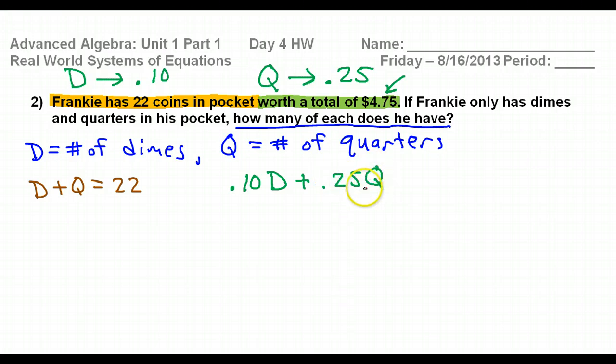All right, the number of quarters times 25 cents should be the total amount of dollars that are going to come from the quarters. Add that all up, and they're telling us that that should equal $4.75. That's supposed to be the total. So these are the two equations, and now it's just a matter of you could either do substitution or elimination to solve this.